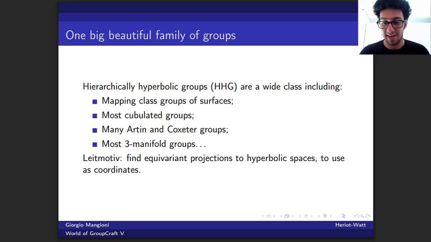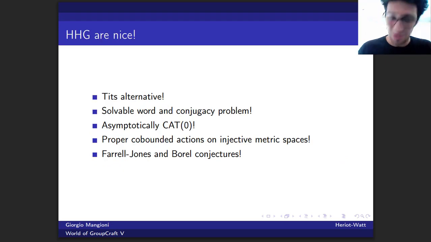So they are one big beautiful family of groups, and they enjoy a ton of very beautiful properties, including a very precise Tits alternative. So every finitely generated subgroup is either virtually abelian or contains a free group. They have good algorithmic properties.